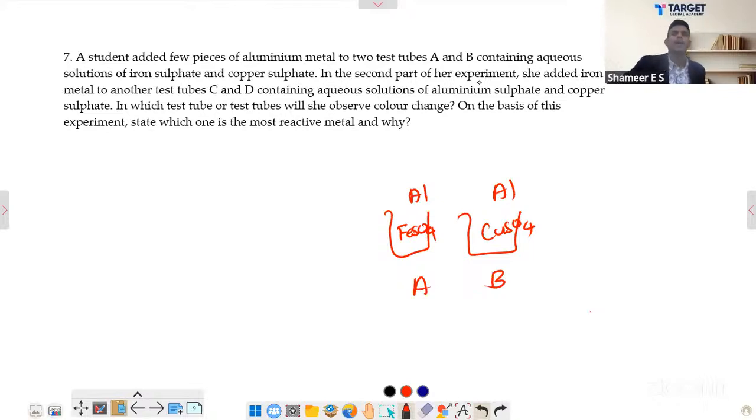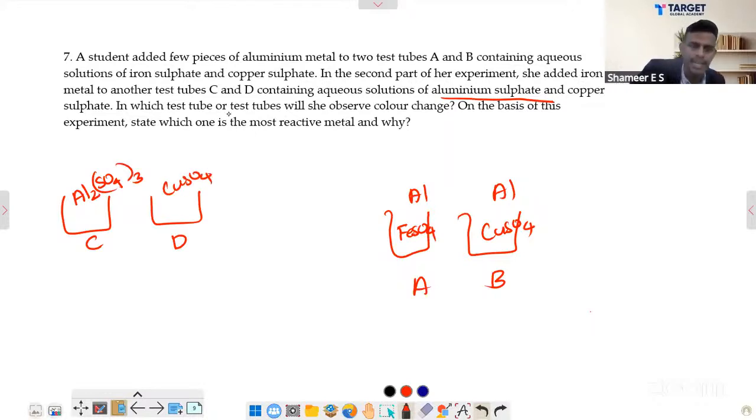In the second part of her experiment, she added iron metal to another two test tubes, C and D, containing aqueous solutions of aluminium sulfate, Al2(SO4)3, and copper sulfate. In which test tube or test tubes will she observe a color change?